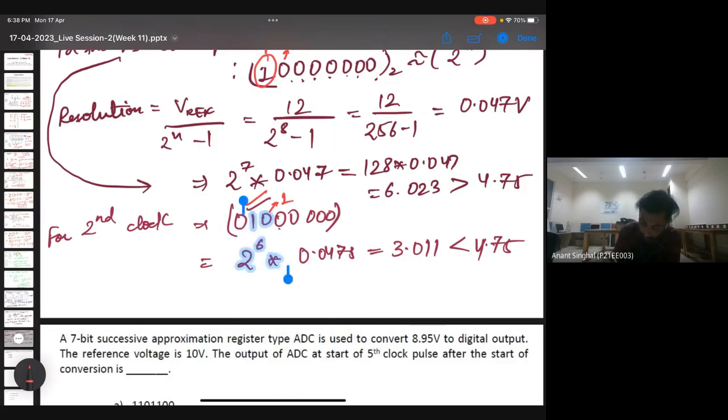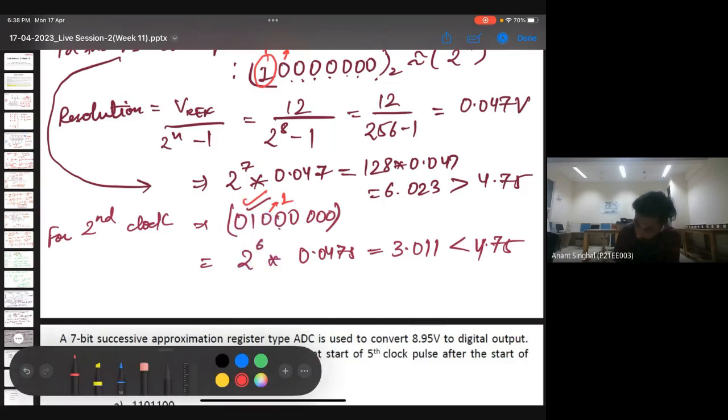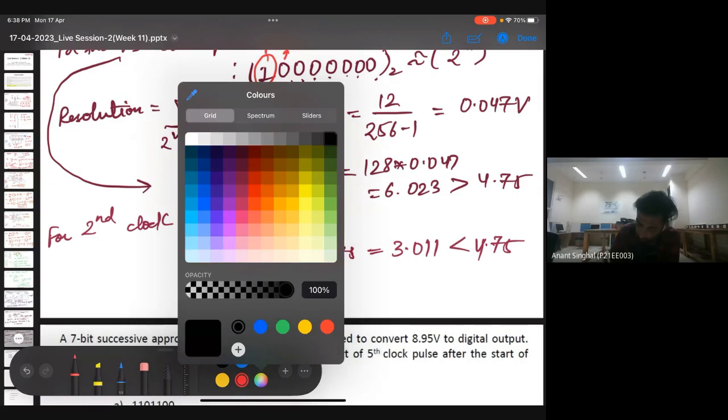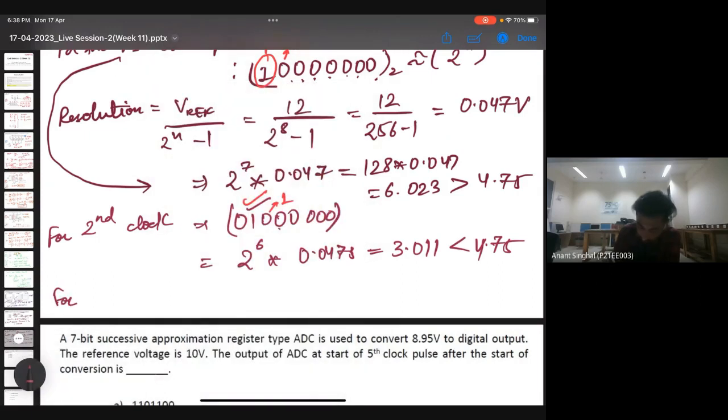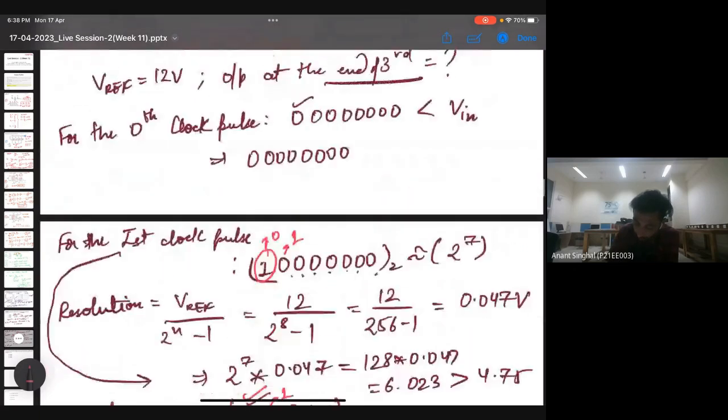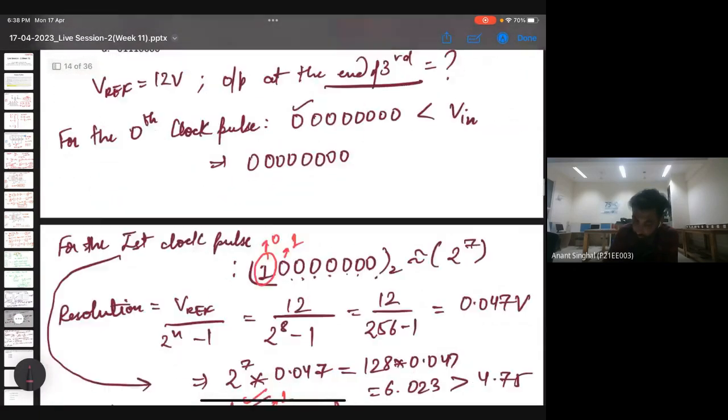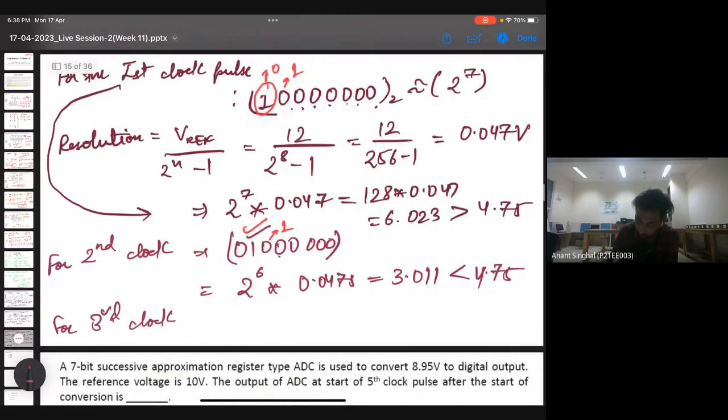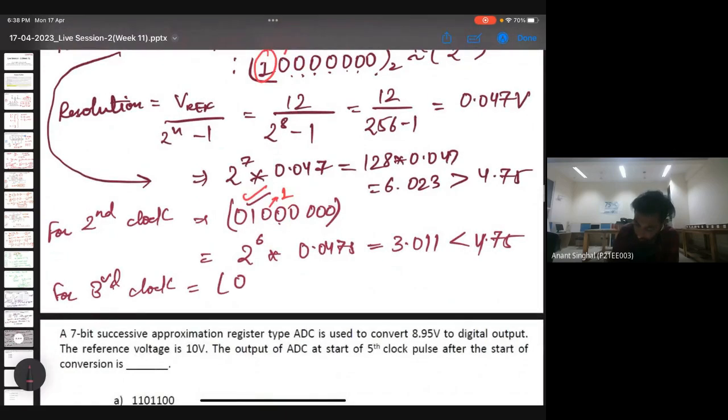And it says at the starting of the third clock. Now we'll check whatever we are getting will be the answer. For the third clock, it says at the end or at the starting? At the end. Okay, so we need to calculate for the third also. So it will be 0 1 1 0 0, which will give 64 plus 32.